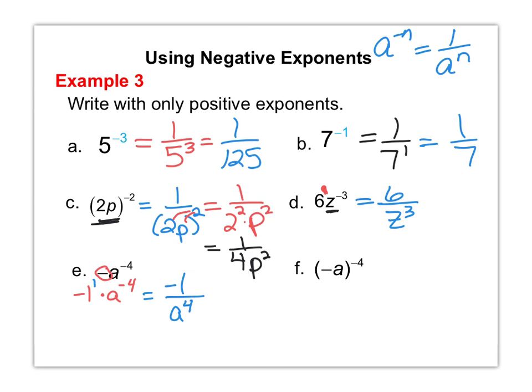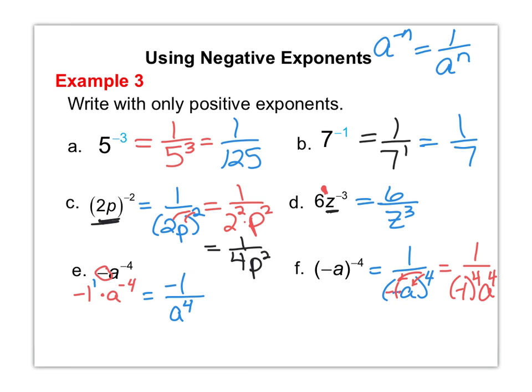In part F, the entire quantity is raised to the negative 4 power, so we can write this as 1 over negative a to the 4th power. Now the negative out in front is the same thing as negative 1 times, so we want to share that exponent with both terms in the parentheses, and we can write this as 1 over negative 1 to the 4th power times a to the 4th power.